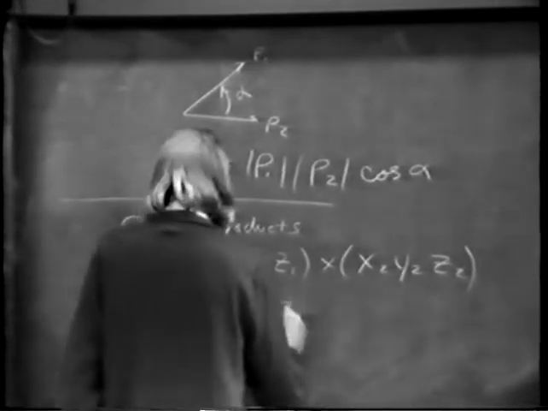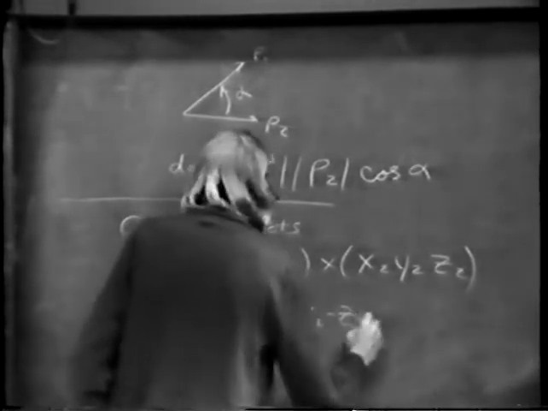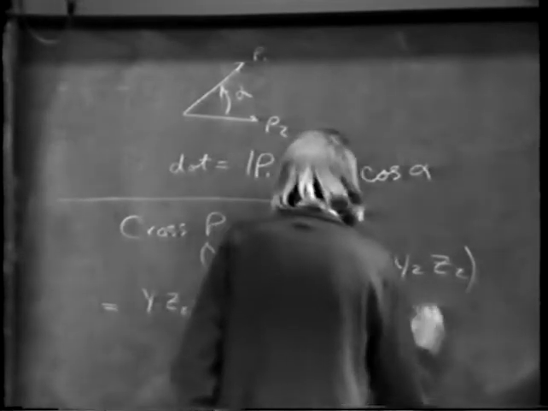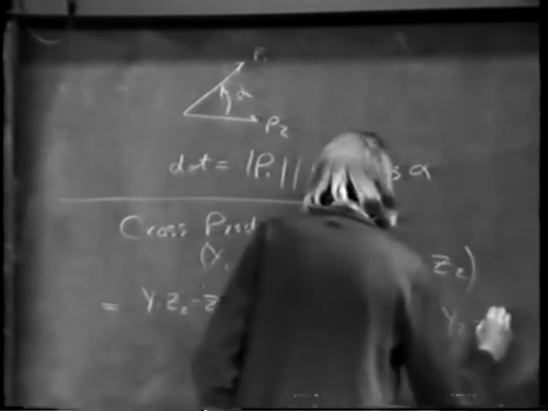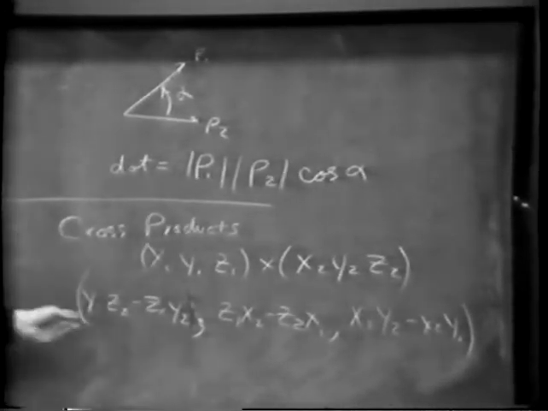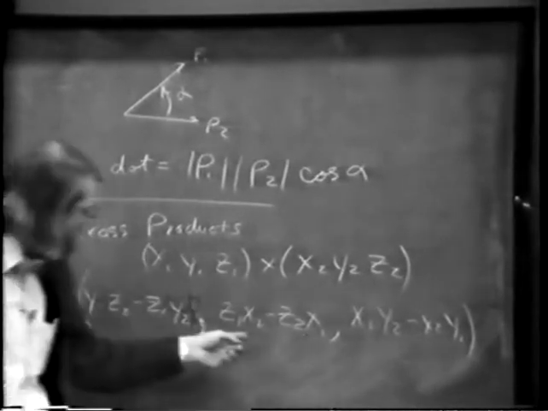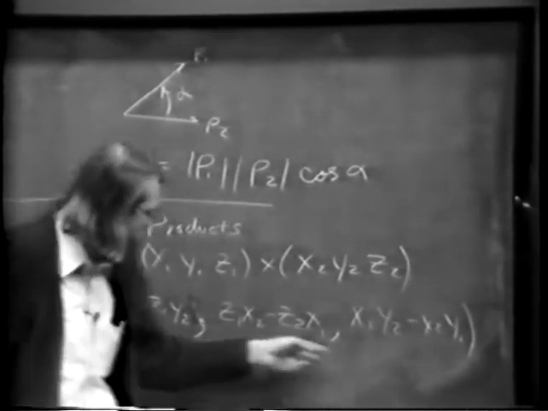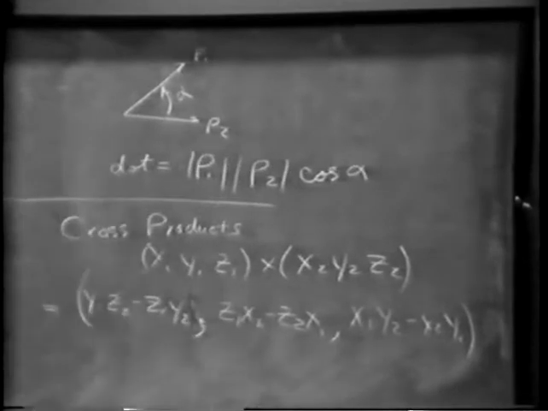Then z1 x2 minus z2 x1, x1 y2 minus x2 y1. Those are the x, y, and z components. You notice that the x component has y's and z's in it, the y component has x's and z's, and the z component has x's and y's.